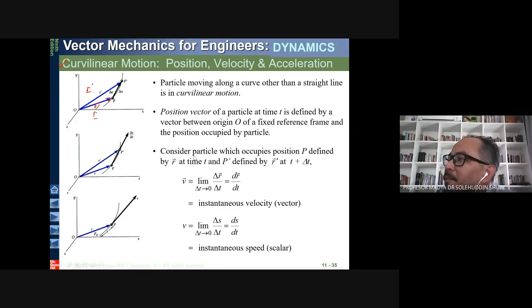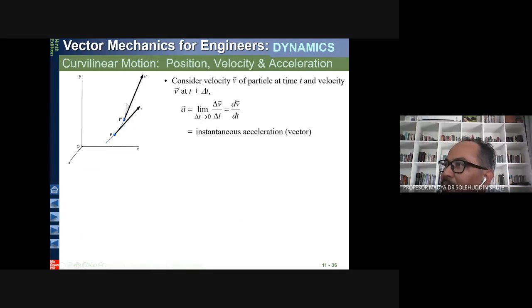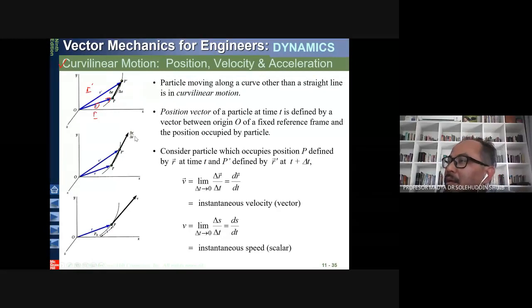So from this figure, the first one, and the second figure, we have, remember, small changes delta R, delta T, which is dr dt.